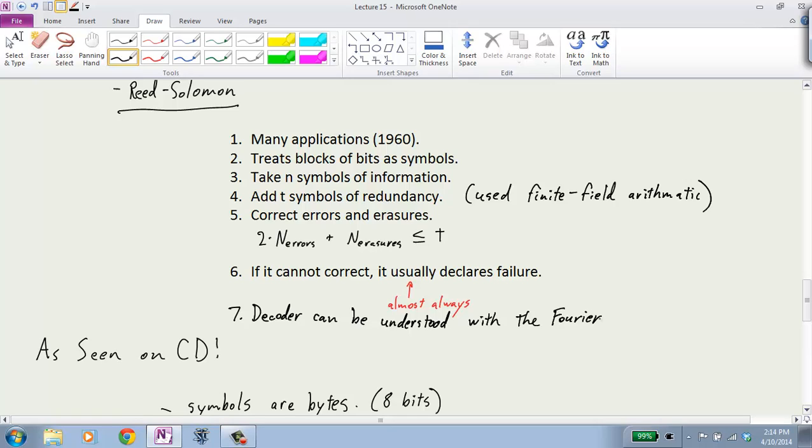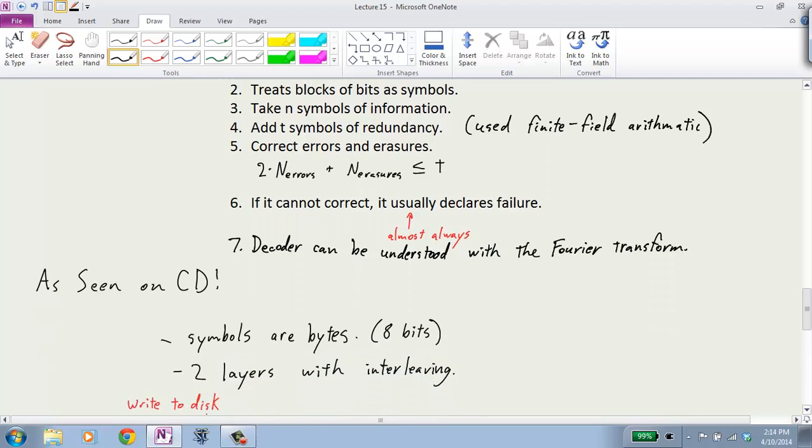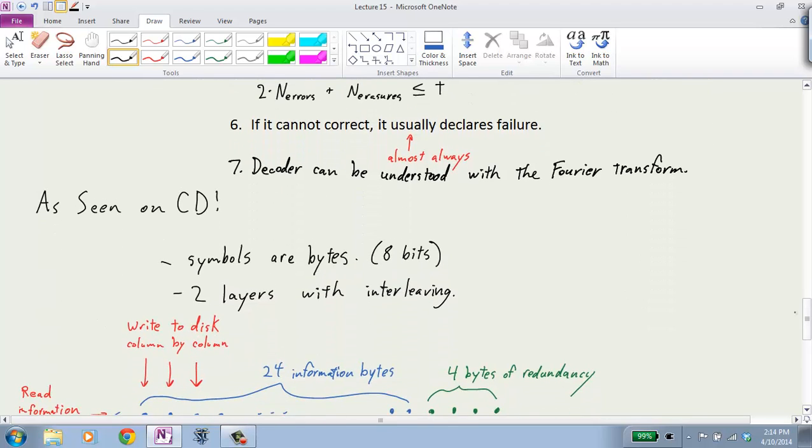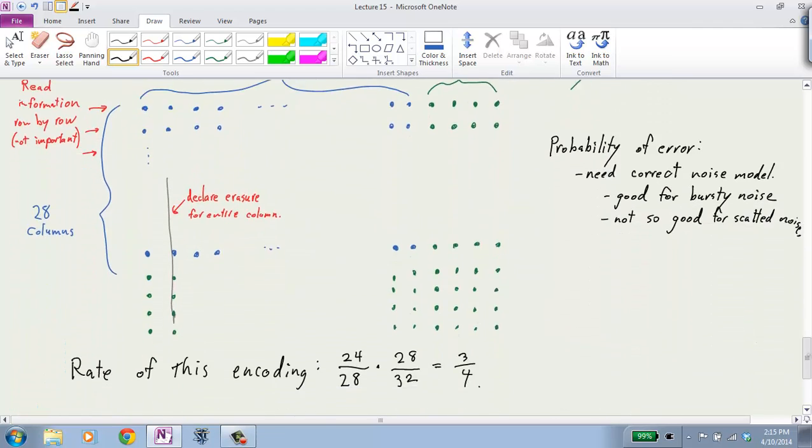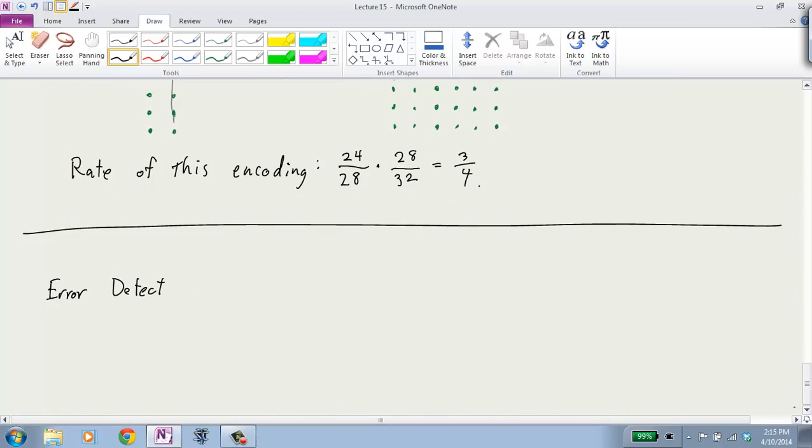I expect a big gasp. Okay, so that's pretty cool. I won't say how to do it. What? Yeah, over a finite field. Yep.